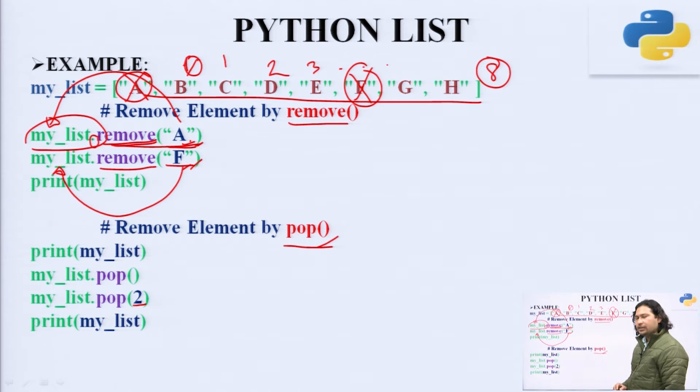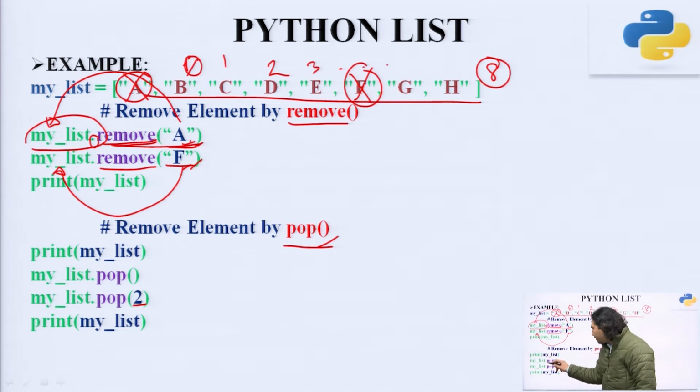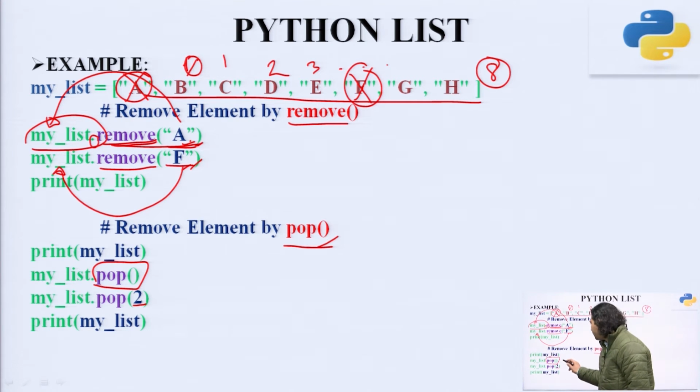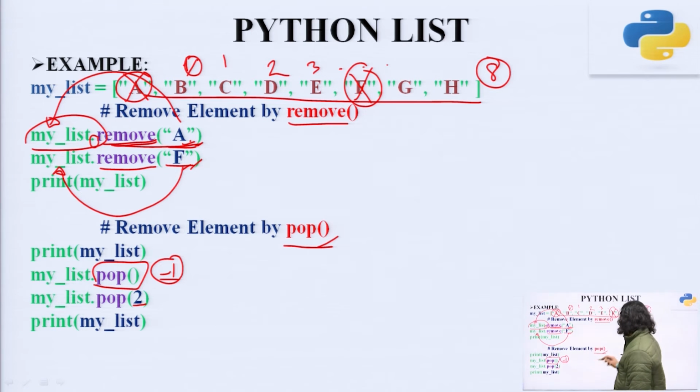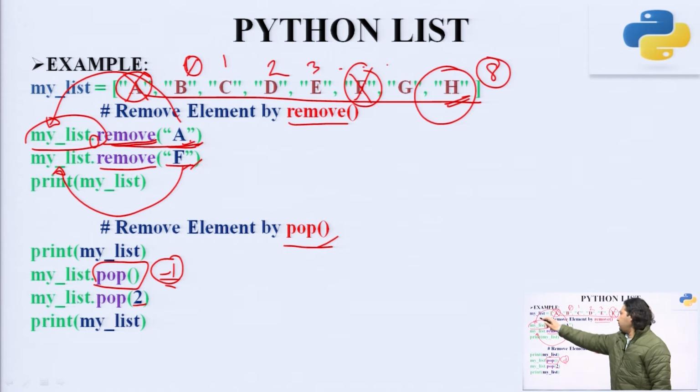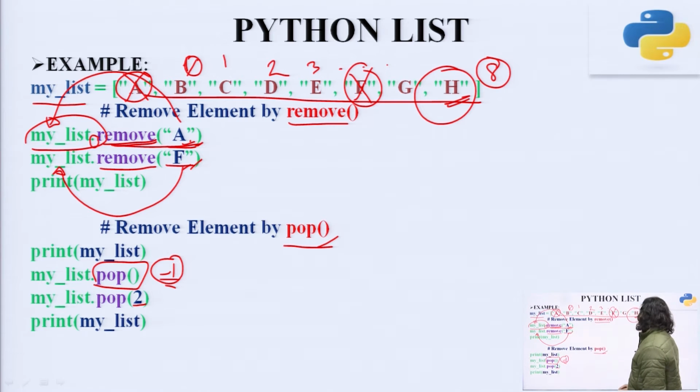The second advantage of pop is that if you use the pop method without giving any index number, by default the value is -1. That means, it will remove the element from the end. That means, this pop will remove this H, because H is the last element inside your given list, that is my list.